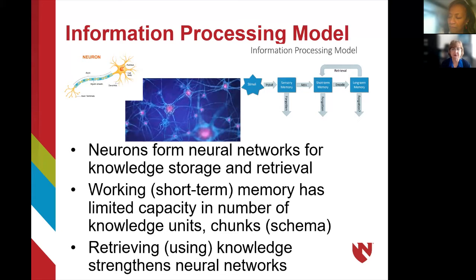And retrieving knowledge again strengthens those neural networks. So we talk about a knowledge unit here, and a knowledge unit for the novice can mean just a few factual pieces of information, but for an expert, it can mean thousands of pieces of factual information.